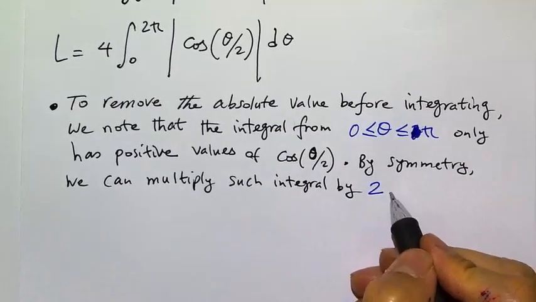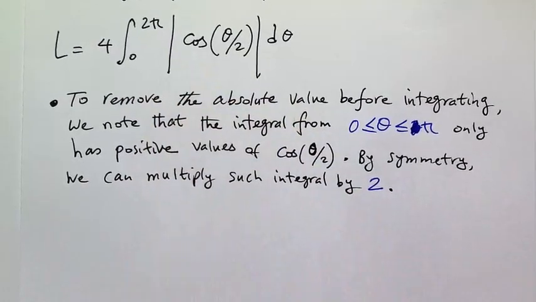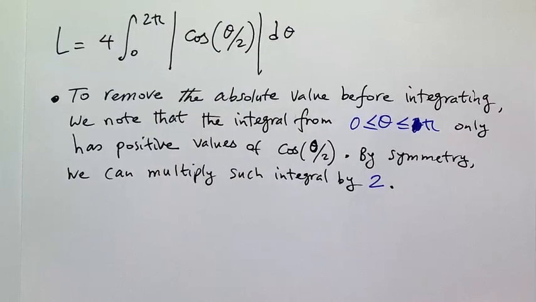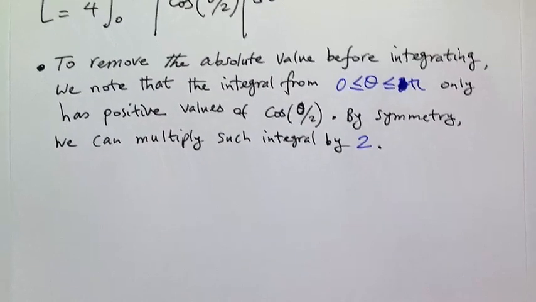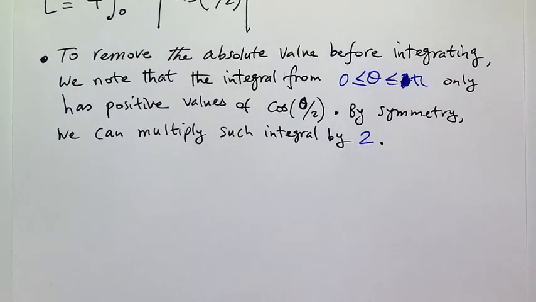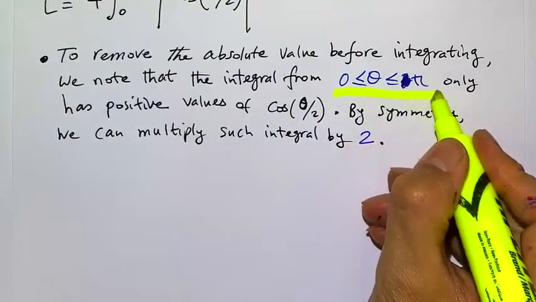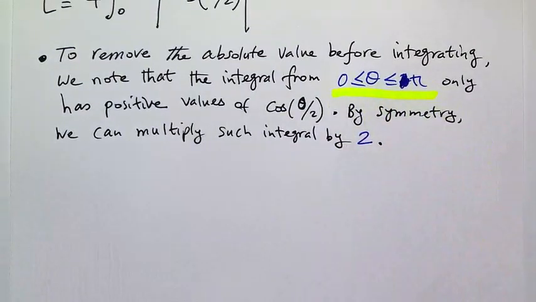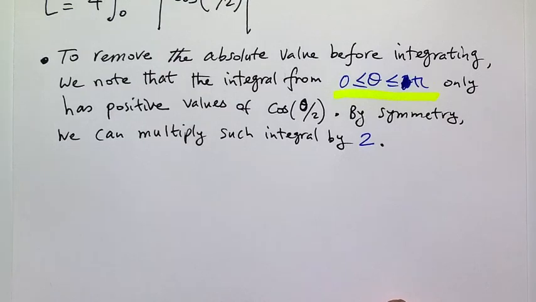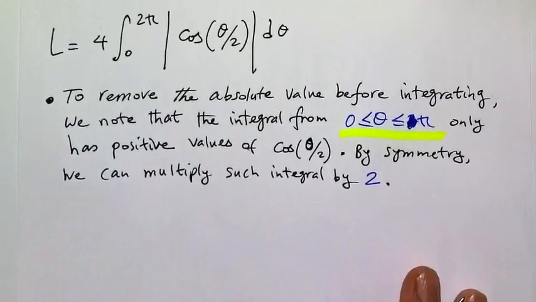Okay, and that helps us get rid of the absolute value easily. So we're going to change the limits of integration from 0 to 2 pi to 0 to pi, and then multiply our integral by 2. That's what we're going to do.